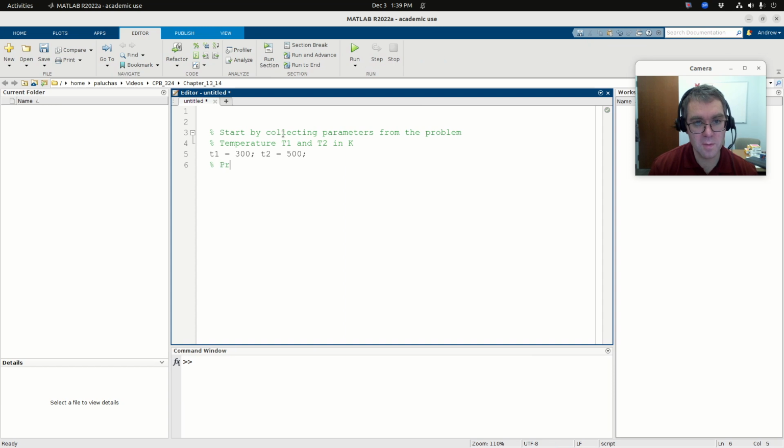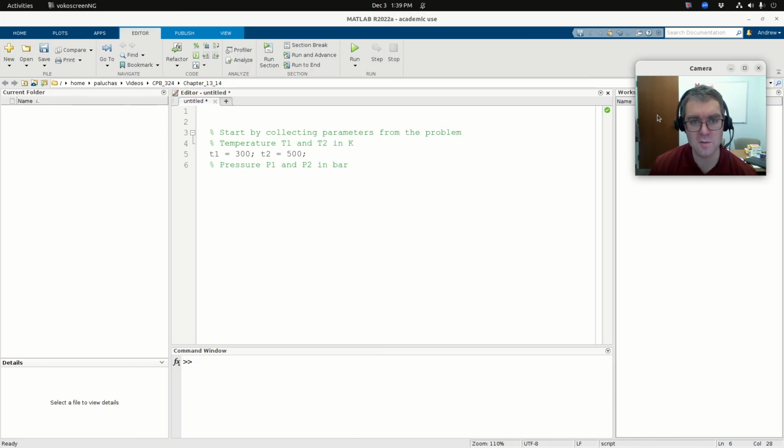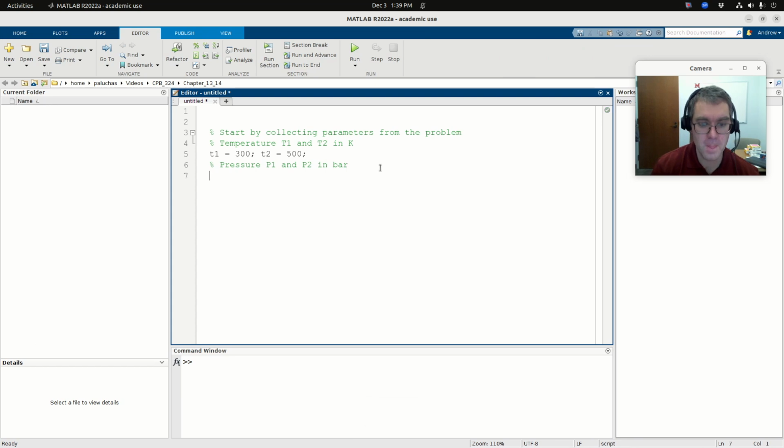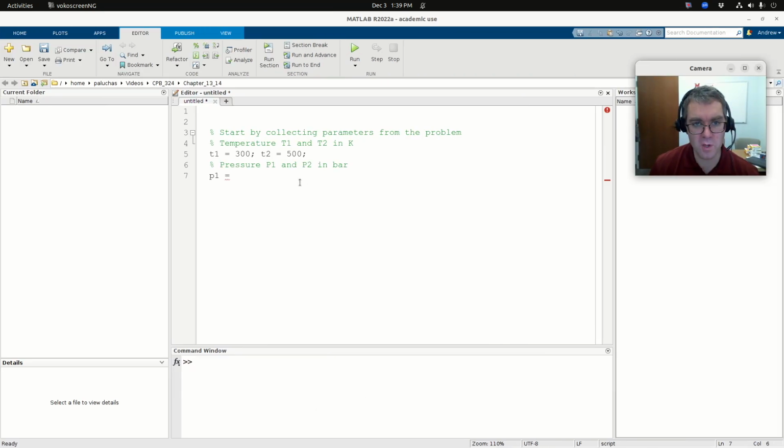And I'll say pressure, P1 and P2, in I believe it's given in bars. When it comes to pressure, we just have a ratio of pressures, so as long as they're absolute pressures, it doesn't matter what the units are. So I'll just keep them in bars. P1 is 1 and P2 is 100.